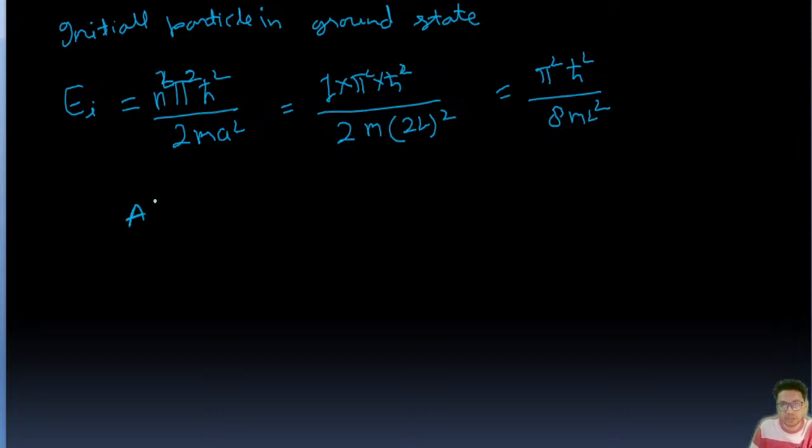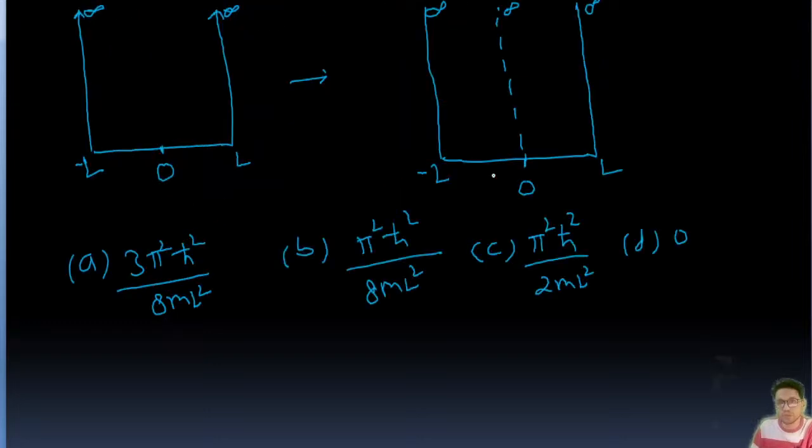After raising the wall, the energy E_F is going to be as follows. Here you can see the box is divided into two equal parts of length L, but the particle remains in the ground state, while the width will change.